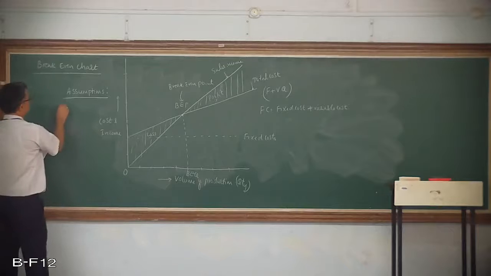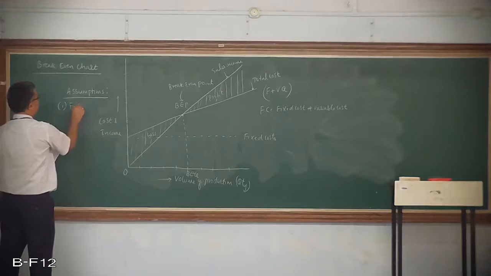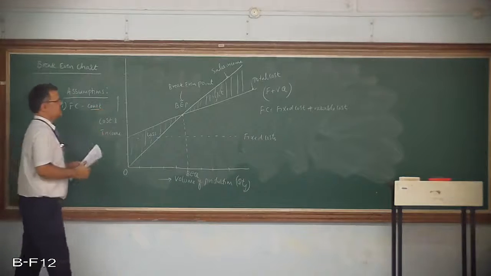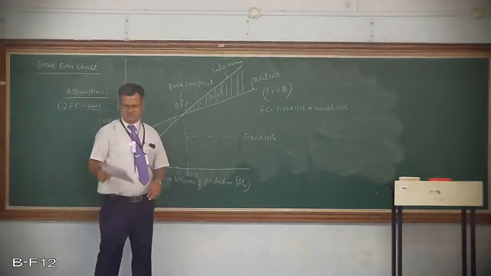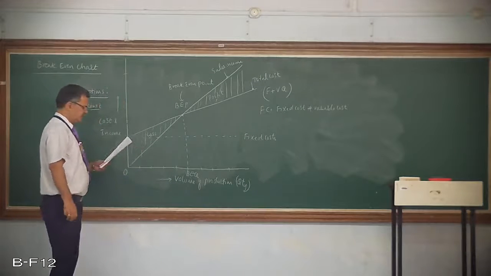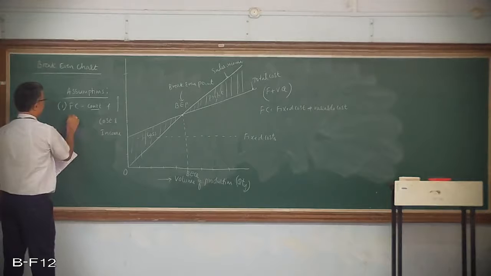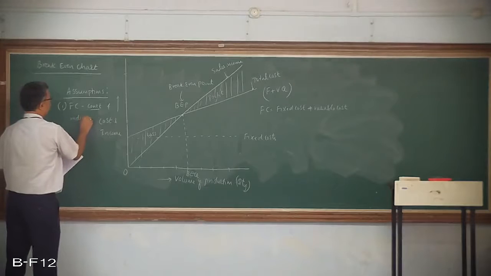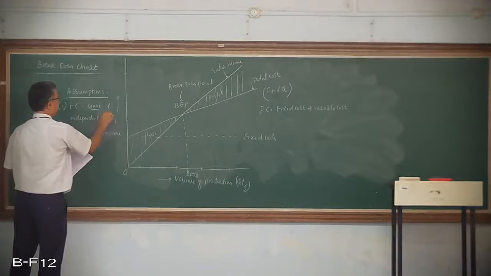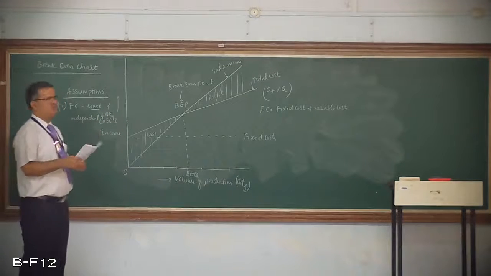The first assumption is that fixed costs are constant, and fixed cost is independent of the quantity manufactured or produced.